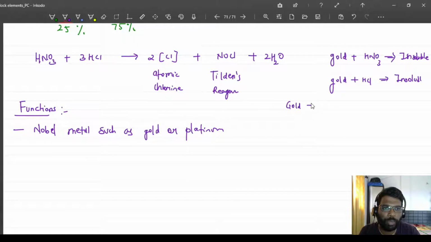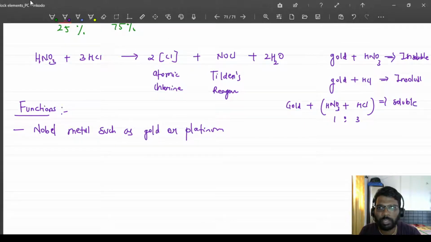Gold will be soluble in a mixture of HNO3 plus HCl. When the ratio is 1 is to 3, it will be soluble over here. That is the specialty of aqua regia. This bracketed term is called aqua regia.